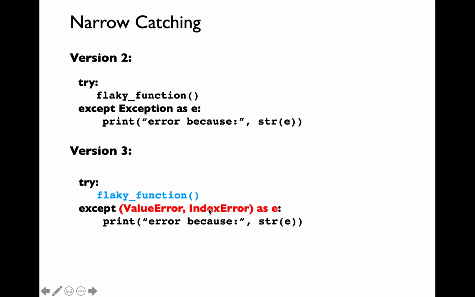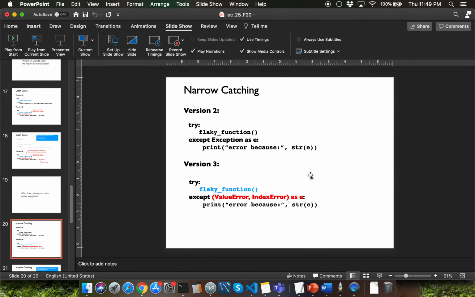For instance, we saw examples of 3 different runtime errors, which are value error, index error, and type error, correct? A better way to configure your except block would be to catch specific exceptions which you know that your program might throw when you use a bad input, rather than capturing this blanket exception over here. I'll show you why that is the case.